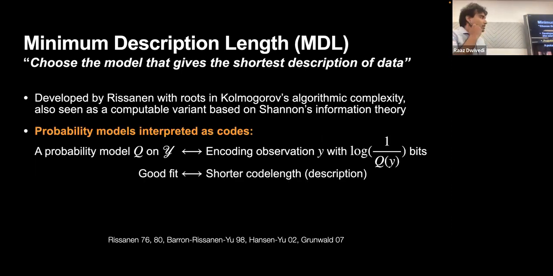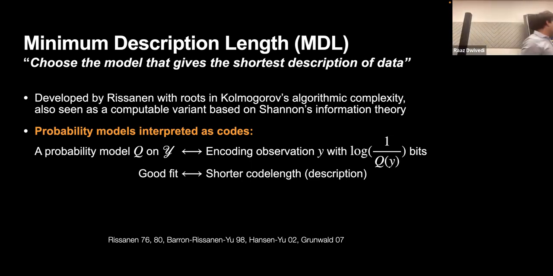In simple language, I guess this audience is very familiar, but for an ML audience, it's useful to do this mapping: models are seen as probability models. And in the MDL world, you think of a model Q as a code which encodes some particular observation with a certain number of bits. In ML, having a good fit maps to a shorter code length or shorter description.